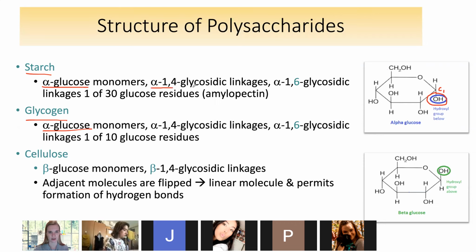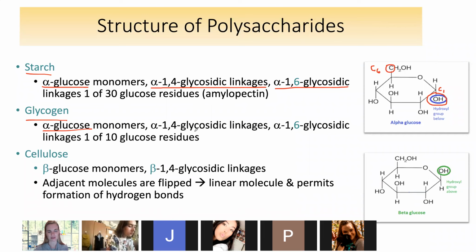They both use an alpha-1,4 glycosidic linkage, which builds a nice long polysaccharide. In addition, they're also able to form an alpha-1,6. If you remember, this carbon up here is our carbon 6, and they can form a bond between this carbon and a carbon 1 on a different glucose molecule to allow for branching. So this allows branching in both starch and glycogen.